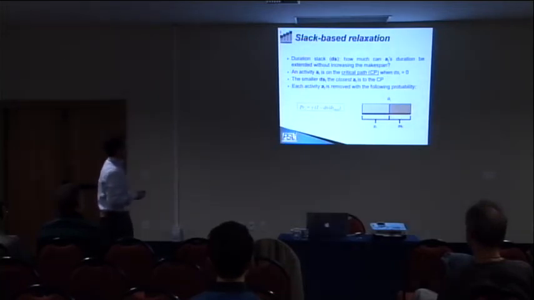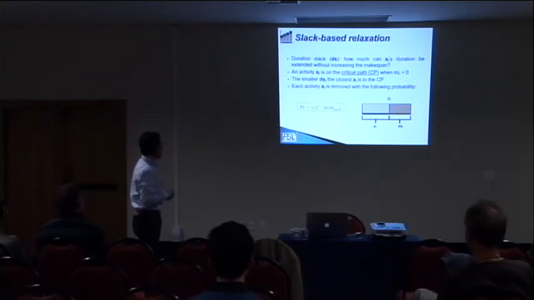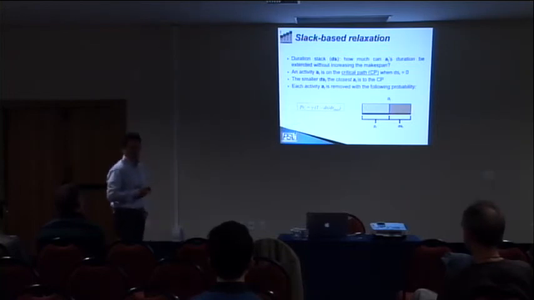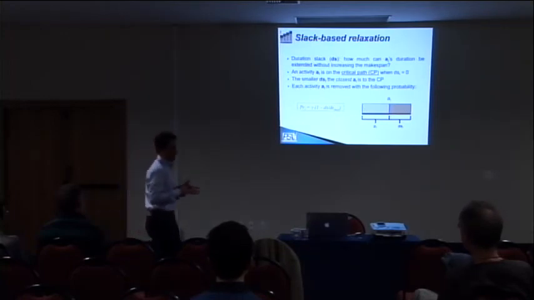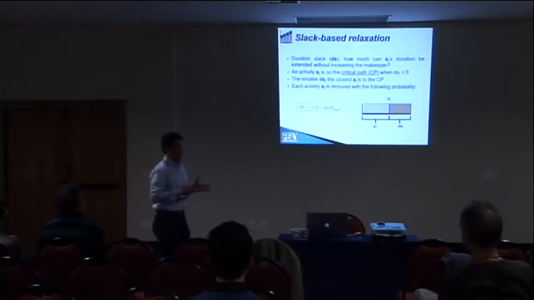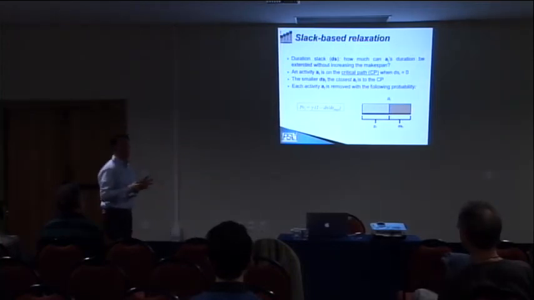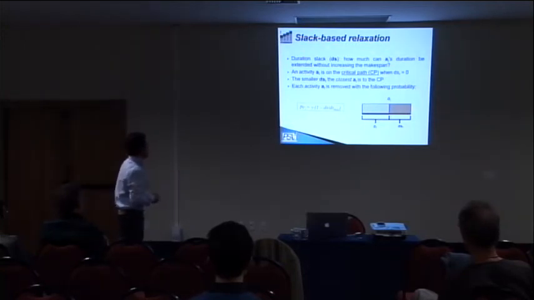So the idea is to remove at random the activities on the critical path, but also maybe activities which are on paths close to the critical path. Because in general, it is not enough to explore this space to remove the activities only on the critical path. So basically, we do this very easy reasoning.